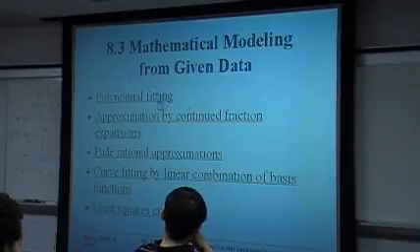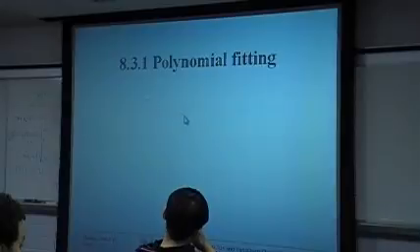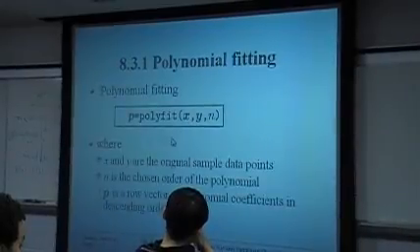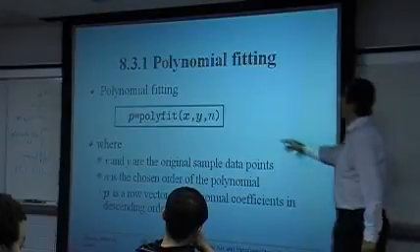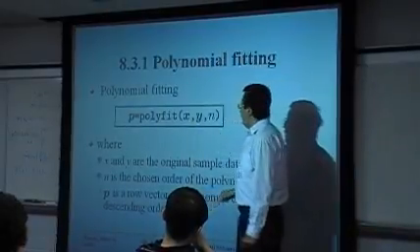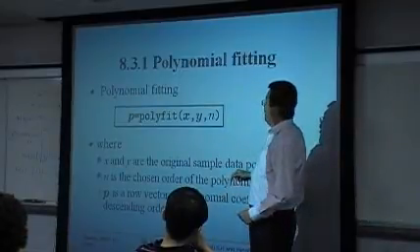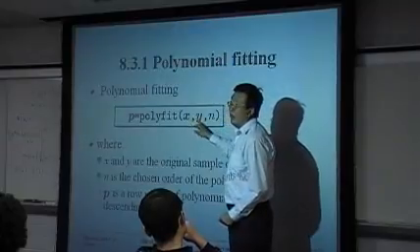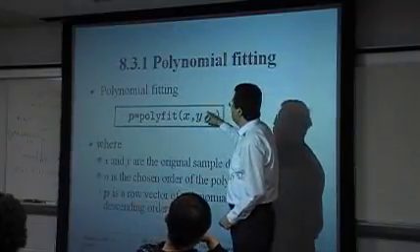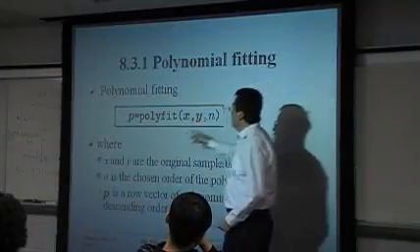First, we can consider how we can get a polynomial function from the existing measured sample data. And the function call is quite similar to interp1, where we have measured data sets x and y, and we can specify a degree for the polynomial. Then we can get the polynomial.